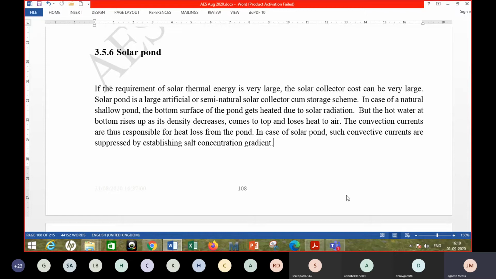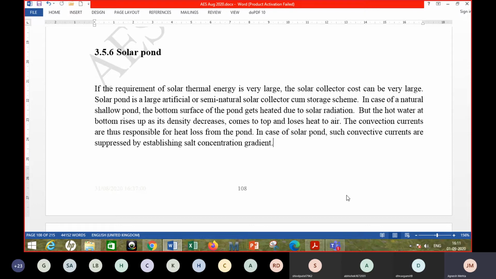So if you want to use a pond as a storage device, which doesn't allow the heat produced from solar radiation to go back to the atmosphere, then one of the ideas could be increasing the salt content, particularly in the lower layers.